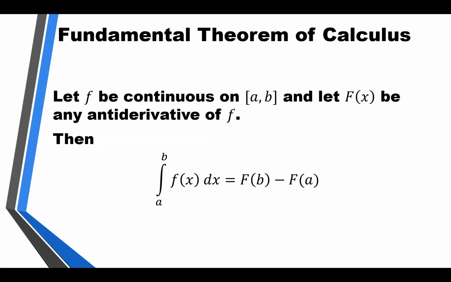So the fundamental theorem of calculus says if we let f be continuous on a closed interval from a to b, and we let capital F of x be the antiderivative of f, that is lowercase f, then if I want to integrate lowercase f from a to b, I can take the antiderivative, plug in b, subtract taking the antiderivative and plugging in a, and that will give me the definite integral.